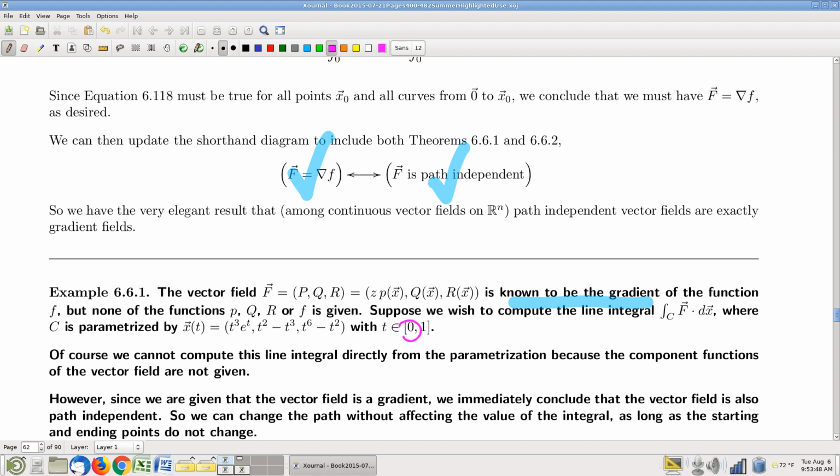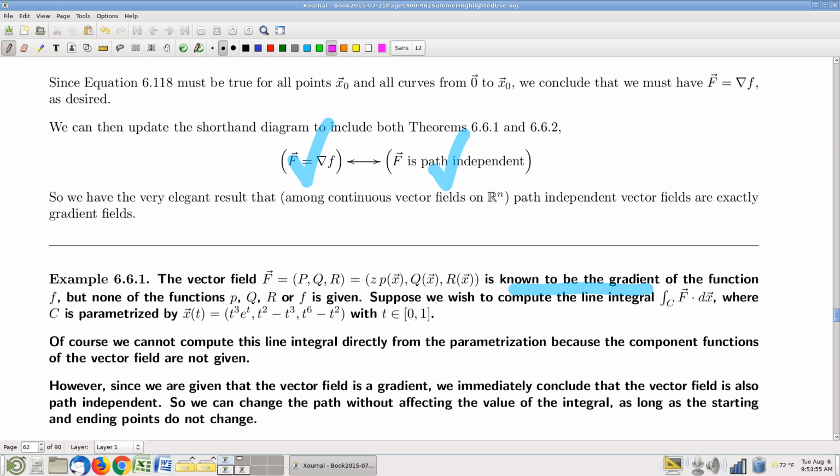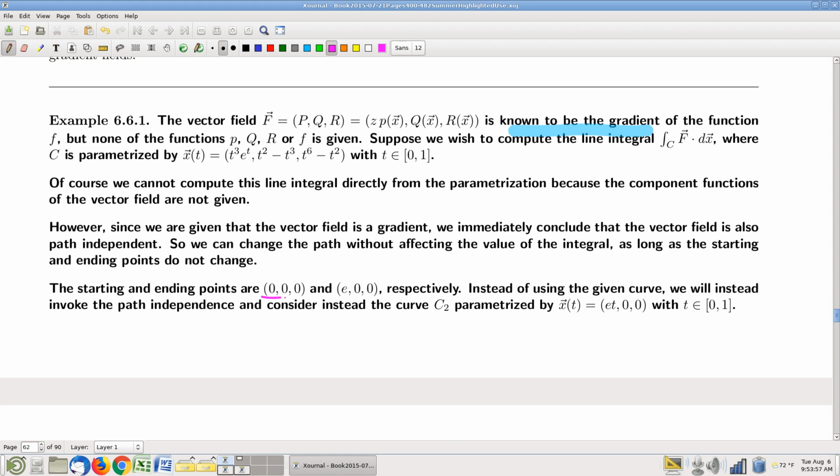I plug in t equals 0 to get the starting point, and t equals 1 to get the ending point. This mysterious curve starts at the origin and ends at, not far away, (e, 0, 0). As long as I keep those starting and ending points, I can chuck this curve and replace it with this much easier curve that has the same starting point and the same ending point.